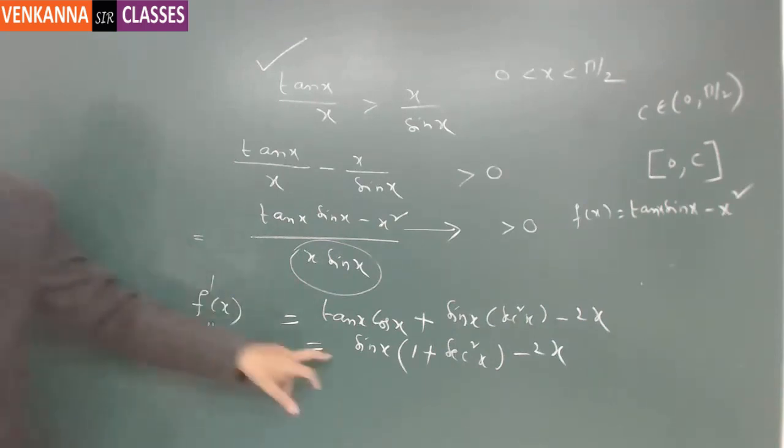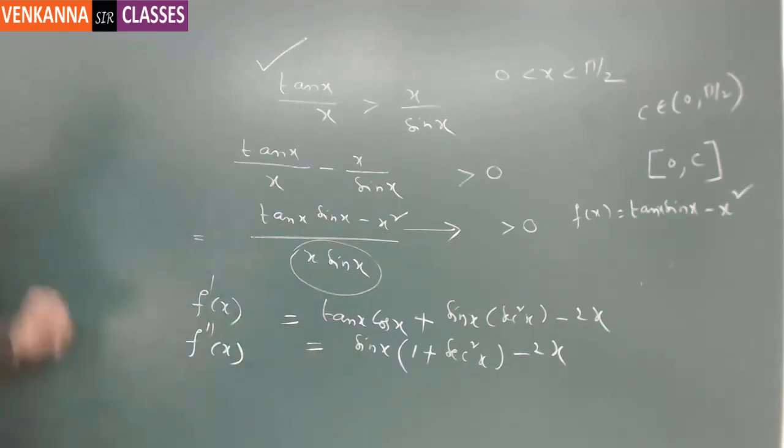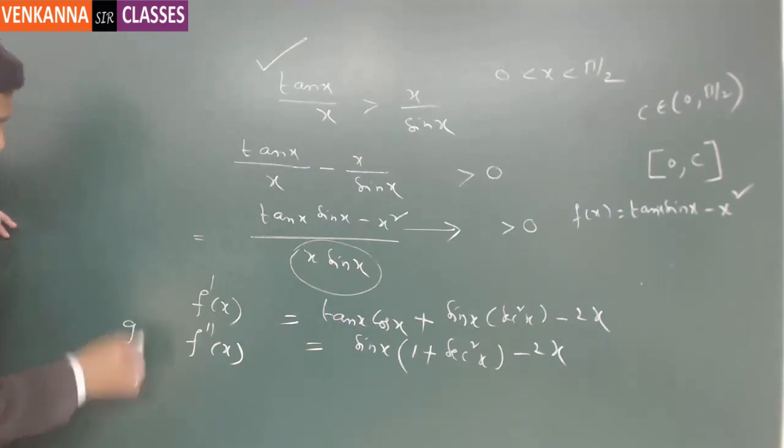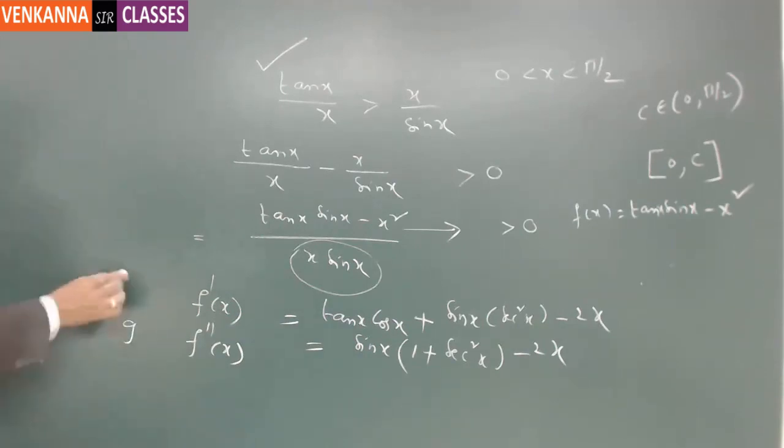Now again go with the differentiation here. I am going to take the double differentiation. So let us give a name: if you take g equal to f dash of x, it will be g dash, f double dash of x.